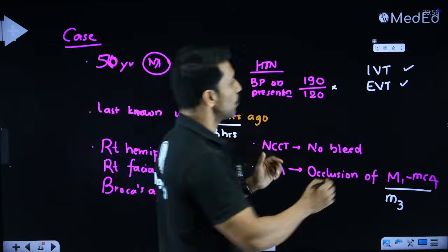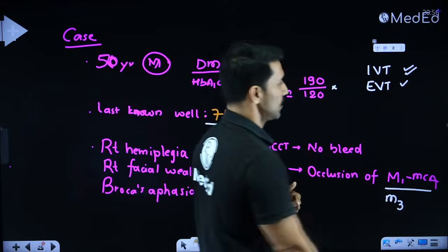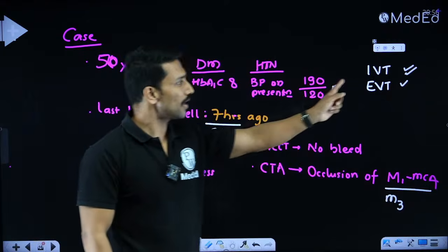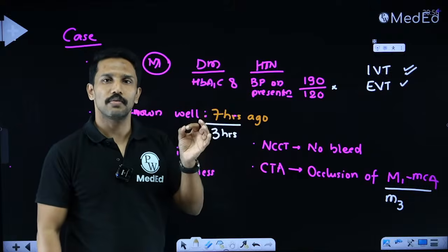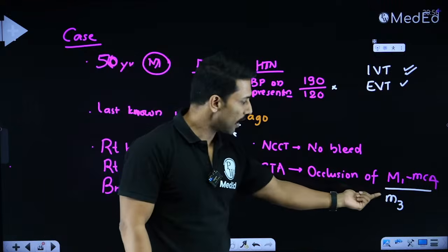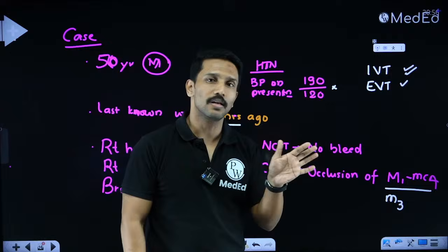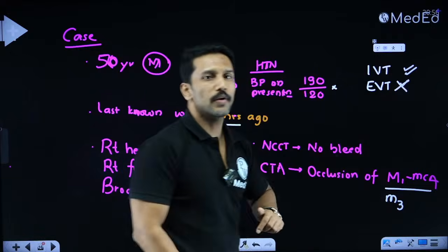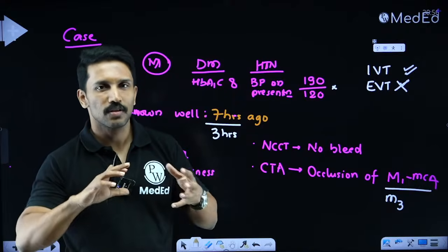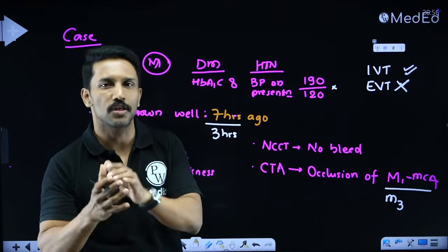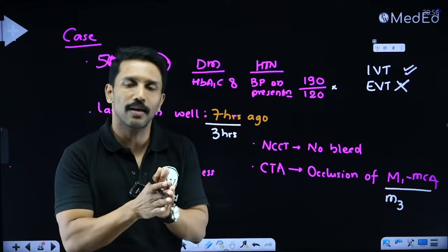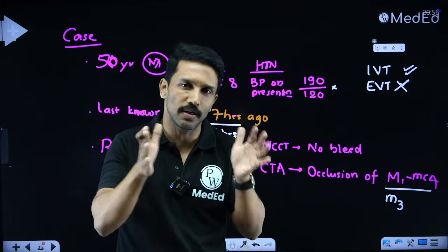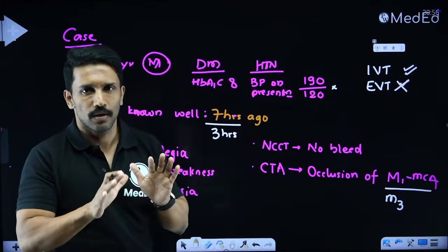So I can definitely go ahead with IV thrombolysis. But he is no longer eligible for EVT because EVT is only feasible when you have a large vessel occlusion. Now M3 is not a large vessel occlusion. So he is not eligible for endovascular thrombectomy. So this is how our management changes. So every case you have to assess whether they are eligible for IVT and EVT. Okay, is that clear?